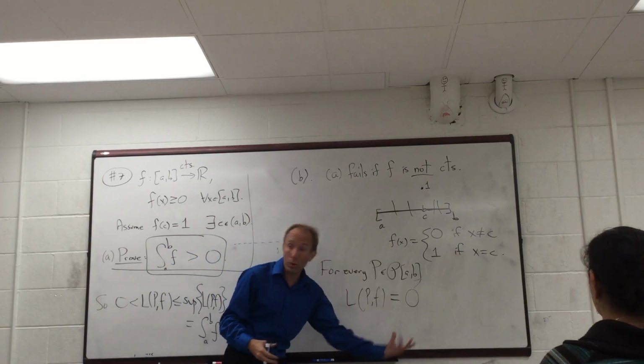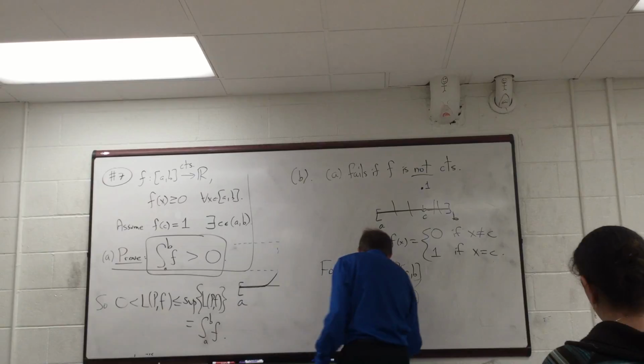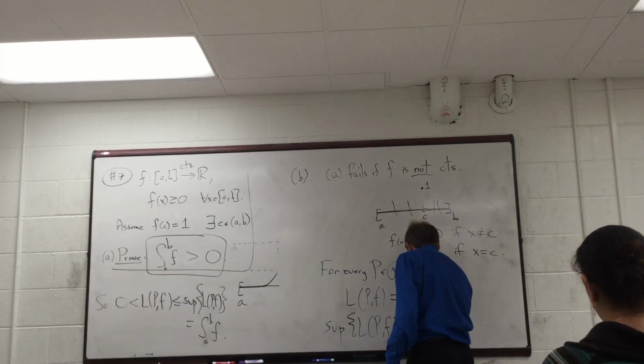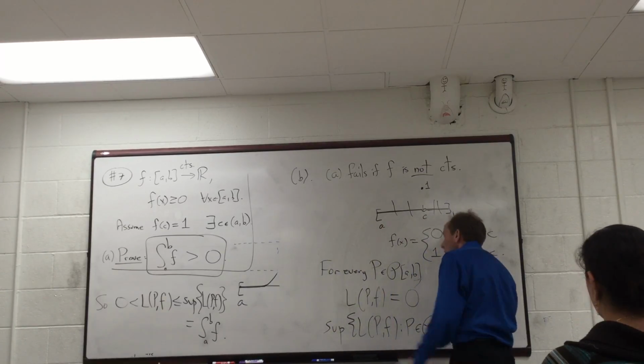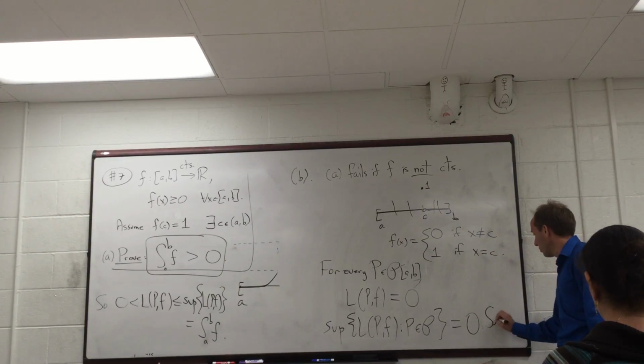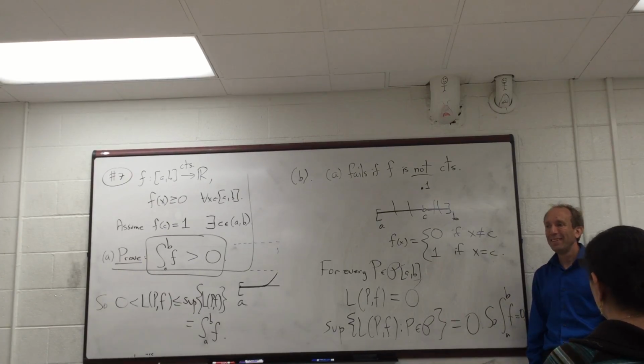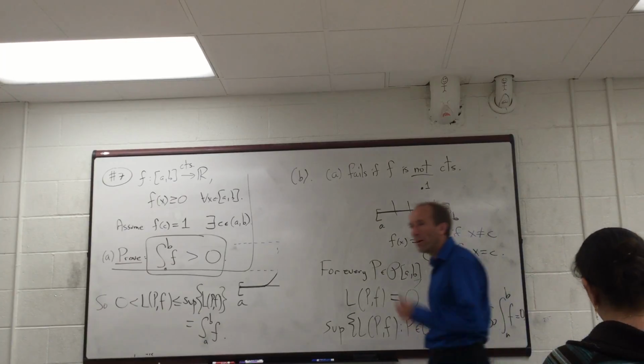So if every lower sum is 0, then what would be the supremum of all of those lower sums? The supremum of a bunch of zeros is just 0. So your integral is just 0. It's not strictly positive anymore.